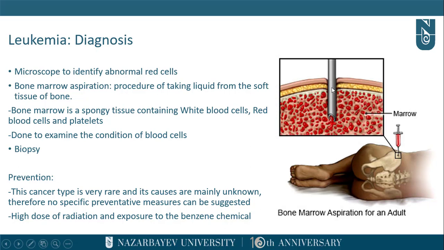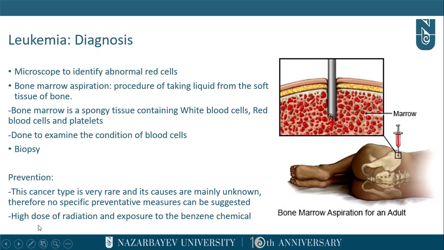It's very fine work to take the liquid from the bone marrow. It's a very spongy tissue, but it's very precious because it contains all the blood cells. Then we examine the condition of blood cells. Are they in good balance? Their shape, are they developing normally or not? So that would be a method for diagnosis.